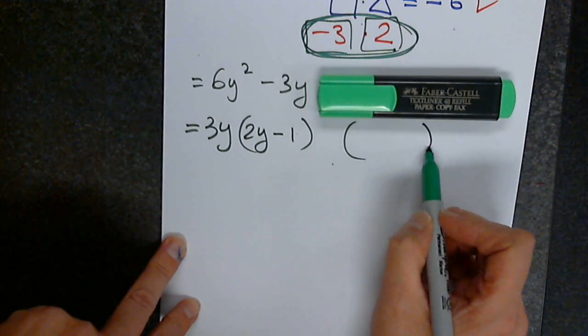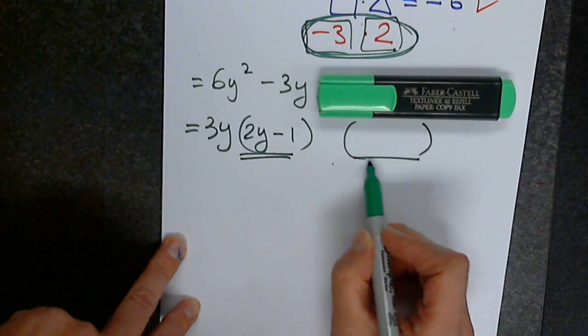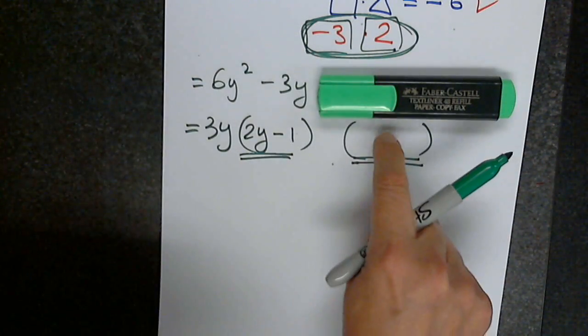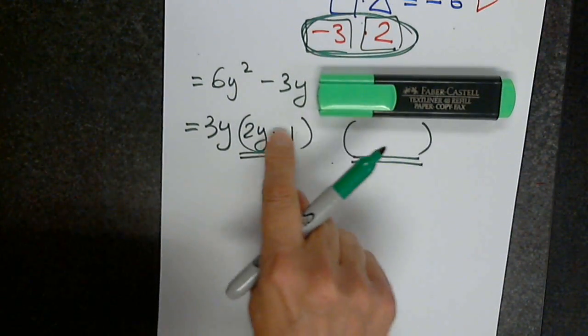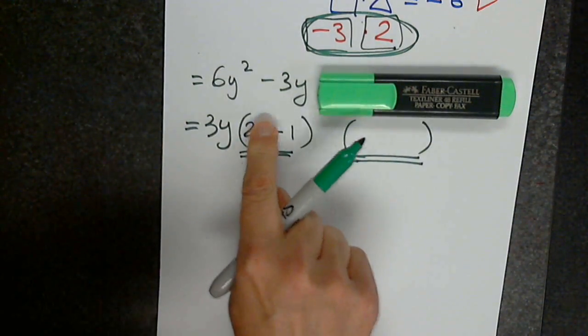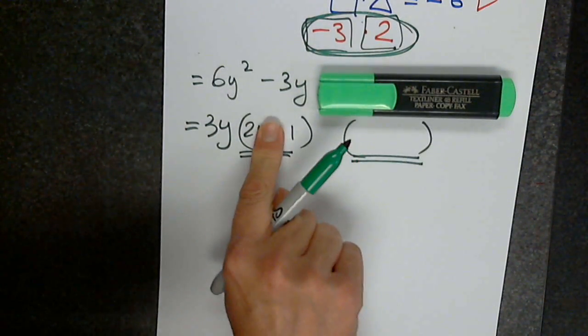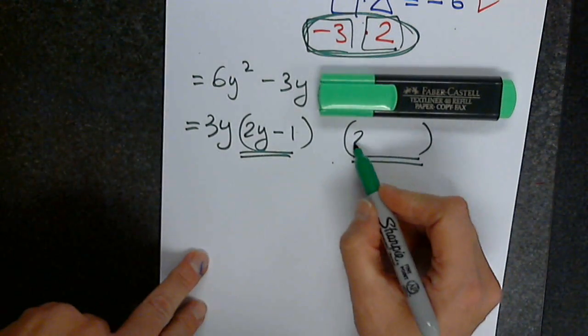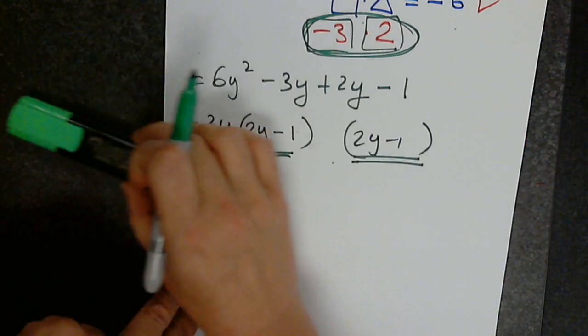What should I get from the other 2 so that I can continue factoring? 3y. I have to have the same thing. If I don't have the same thing, I will not be able to continue. 2y minus 1. And now I look.